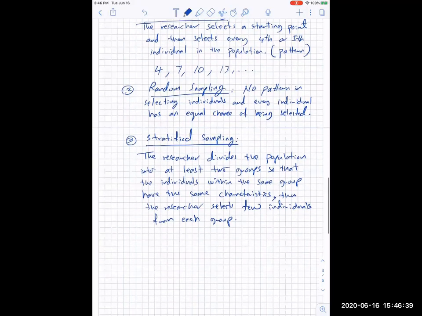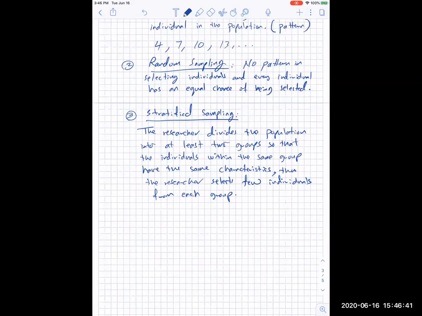Let me explain with a simple diagram here. So here's, guys, our population. Let's assume that this oval here is our entire group of individuals that we are studying, the population. What happens, the researcher will divide this population into 2 groups, let's say females, males, based on gender.